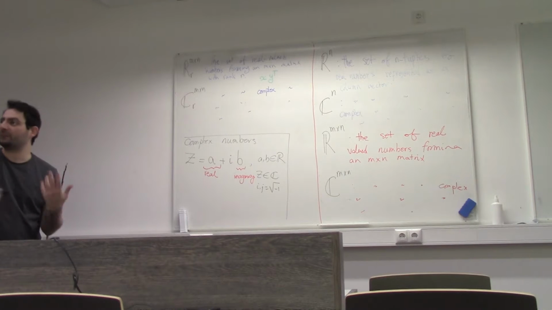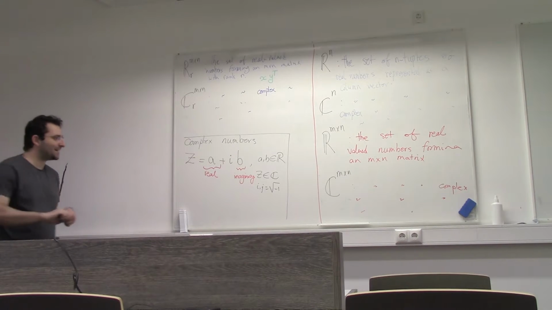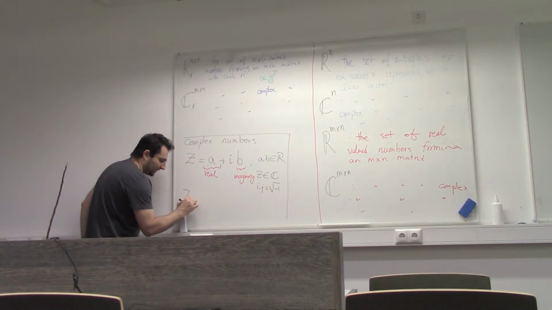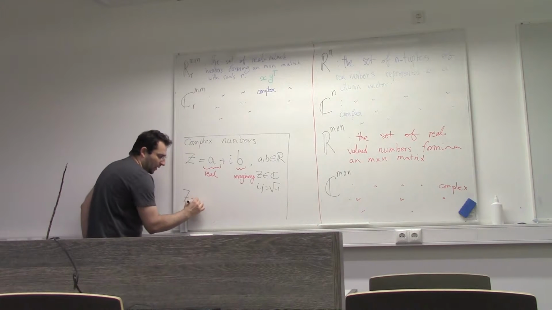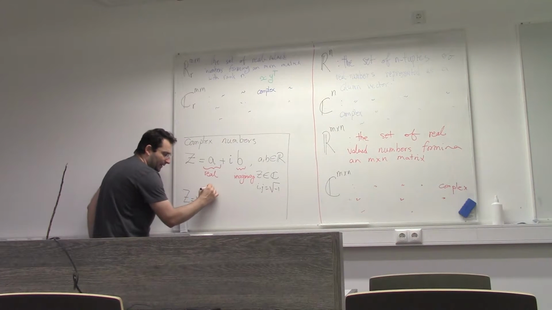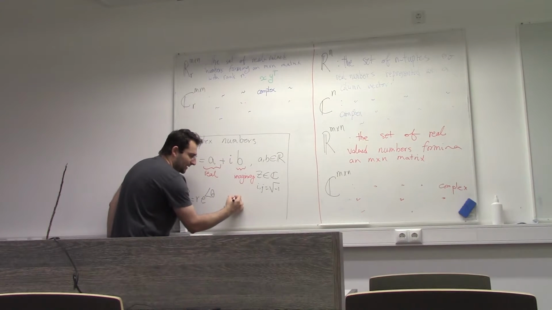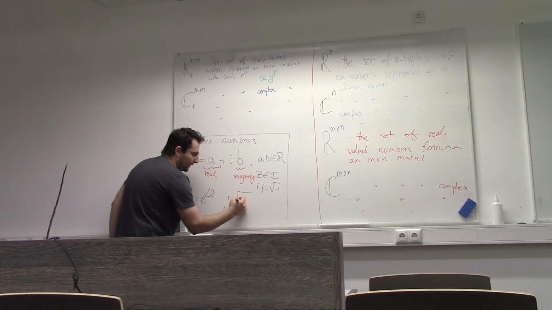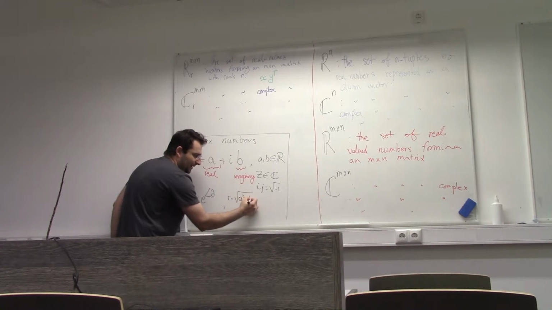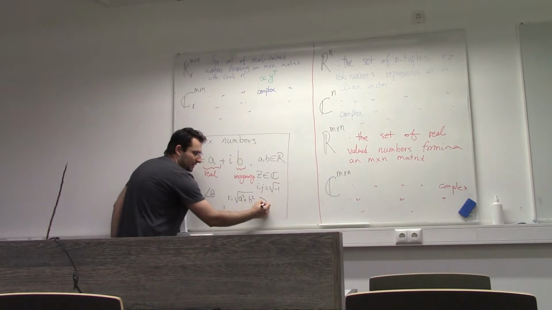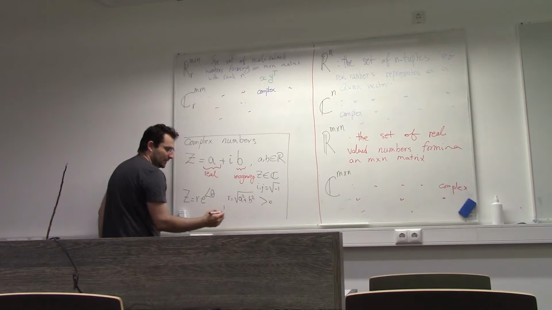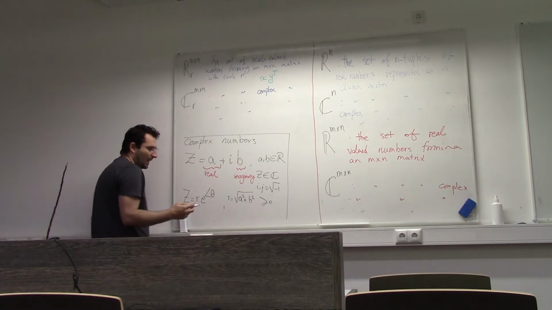We know that there are multiple ways of representing a complex number. z is equal to R e to the power of angle theta, where R is the square root of a square plus b square, and it is always greater or equal to 0.